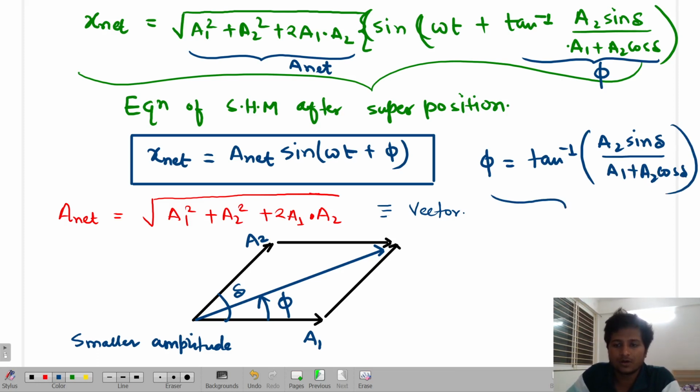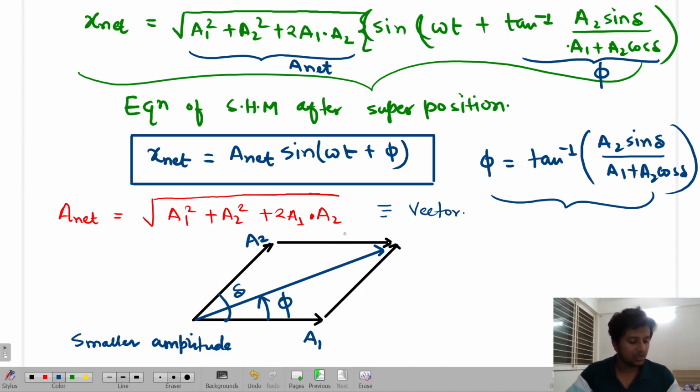Are you able to get me or not? Is this clear? Did you understand the idea? So this is the meaning of superposition of two SHMs, that they will provide us the resultant amplitude.